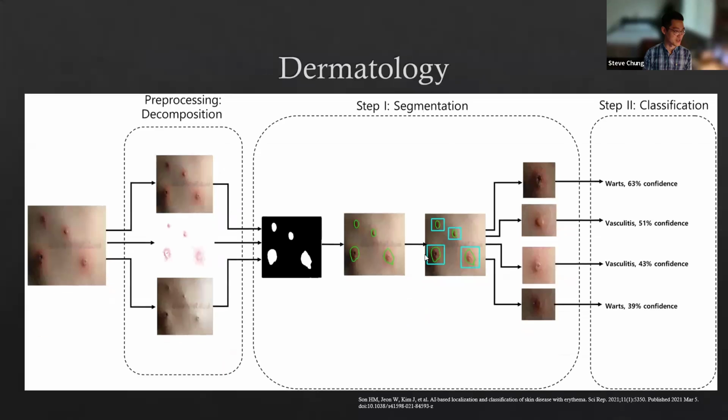Another field that uses it is dermatology, and all of these different fields use an image recognition system, where if you have an image of a skin lesion, it is able to detect with a certain degree of confidence what it can actually be. So this is the example here.